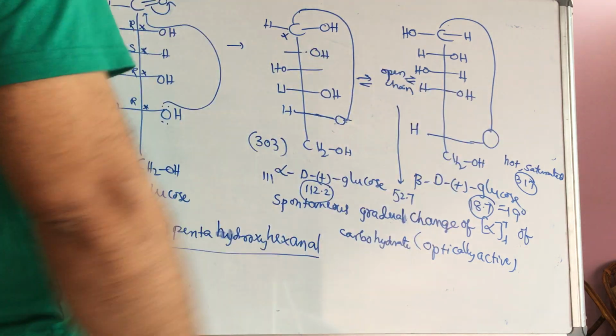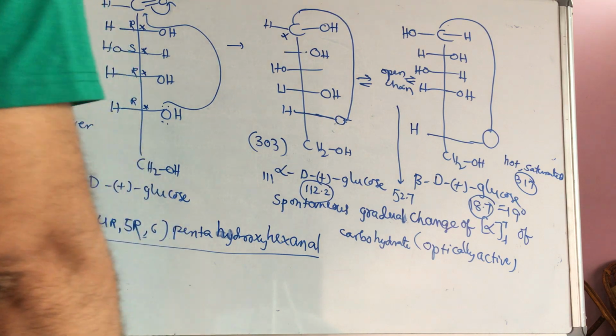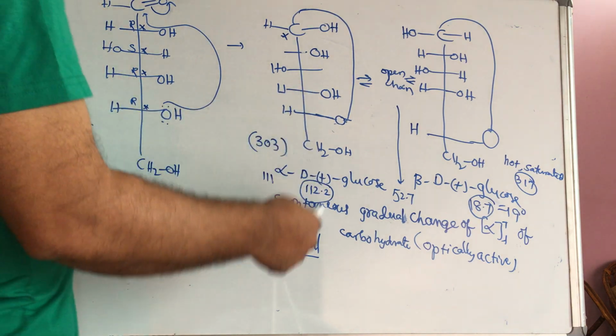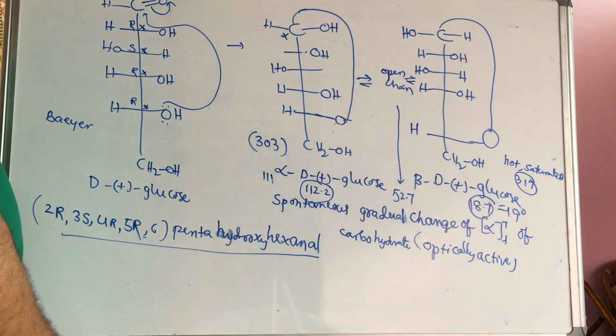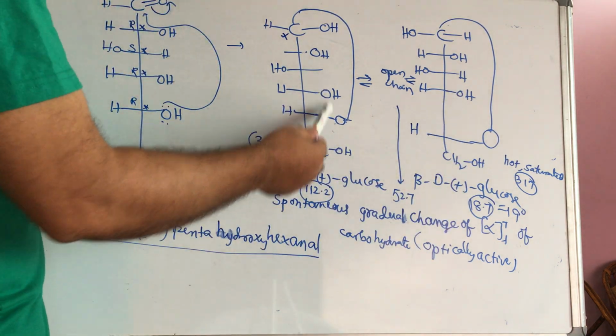At two different temperatures we get these alpha and beta D-glucose forms, and their melting points are different. Generally, one forms at the somewhat higher temperature and the other at the lower temperature.